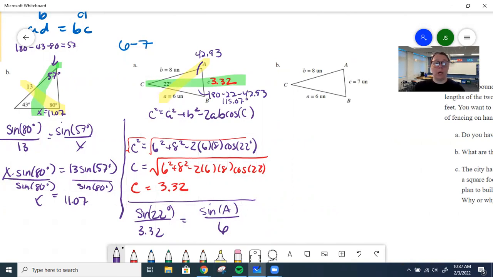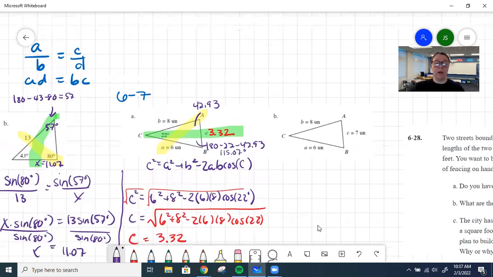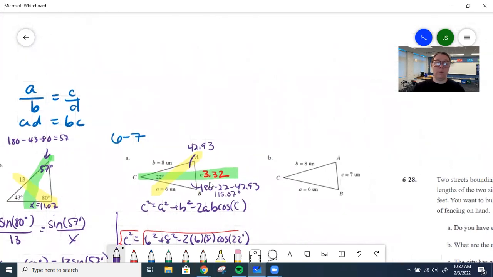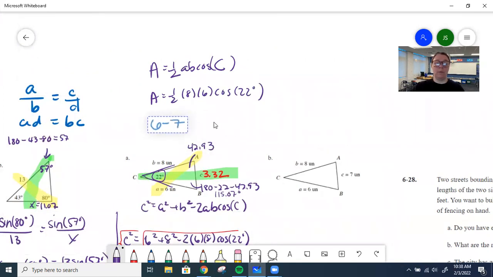I figured everything out. And again, if we wanted to find the area here, it would be area equals half AB cosine of C. I'll just do another one of these just so you can see. Again, I know this angle and I know these two sides. So I could do half times 8 times 6 times the cosine of 22. Is that the same as we did over here? I can't even remember anymore.